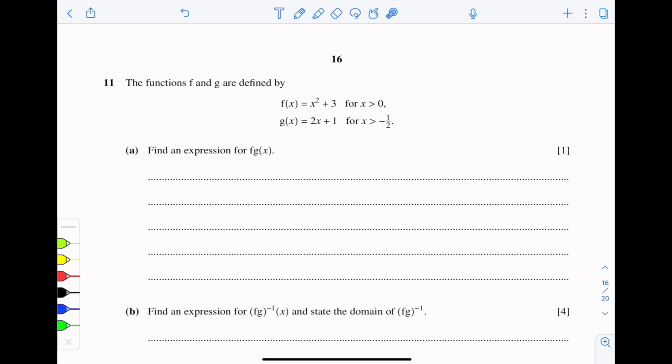Find an expression for fg(x). This is a compound function, f of g(x). We have to find the composition of these two functions. Now we write f, g(x).